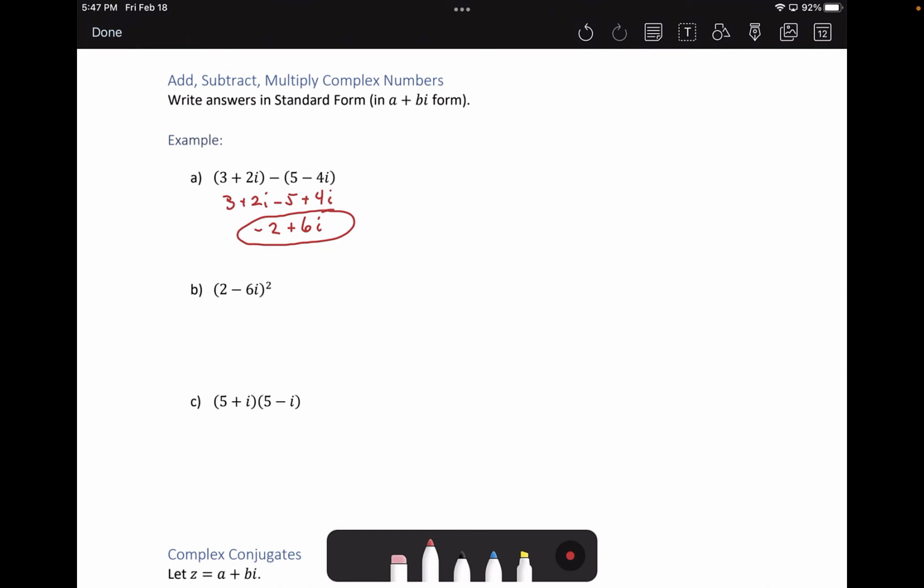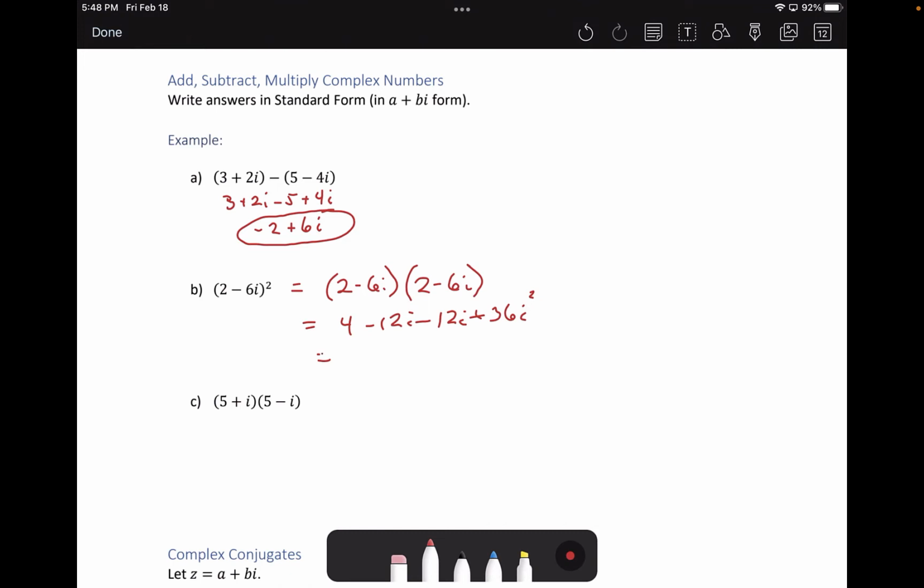2 minus 6i quantity squared, we can think of that as 2 minus 6i times 2 minus 6i. Then we'll distribute: 4 minus 12i minus 12i plus 36i squared.